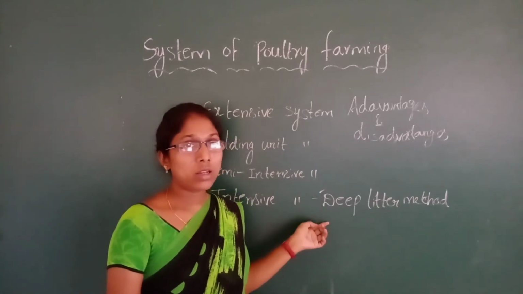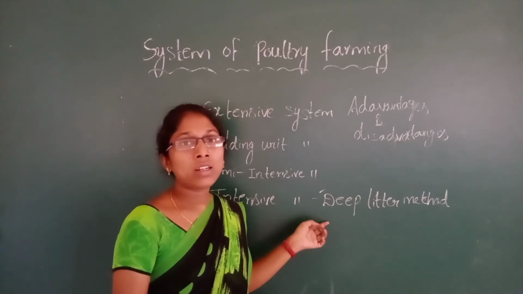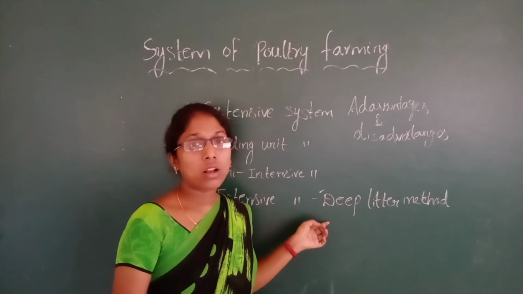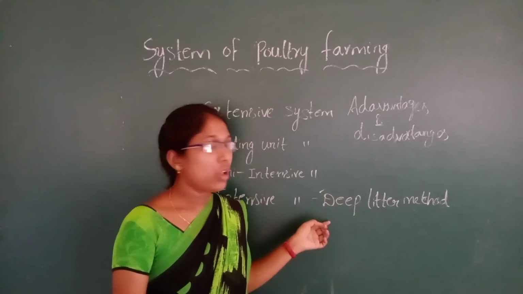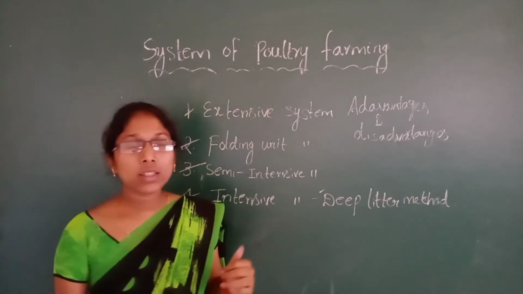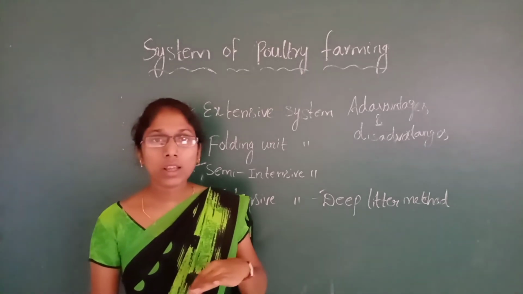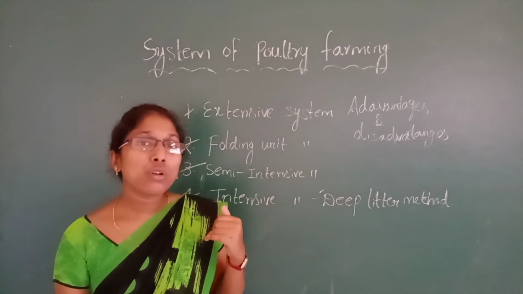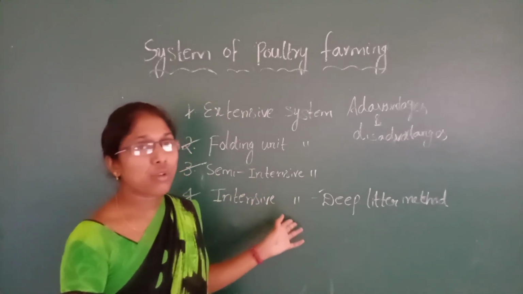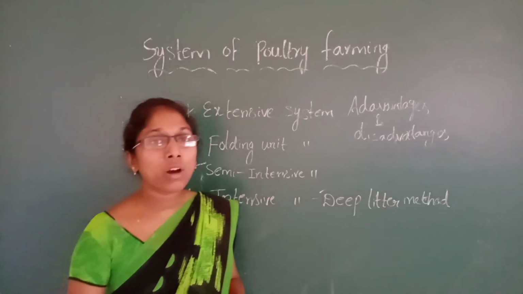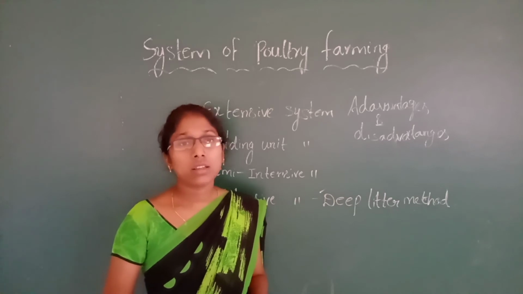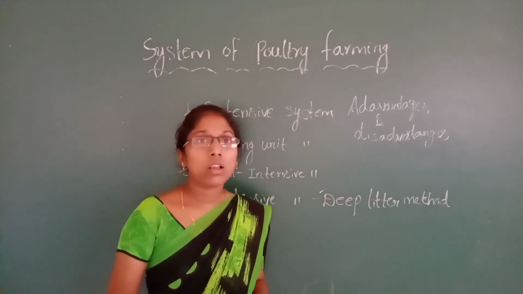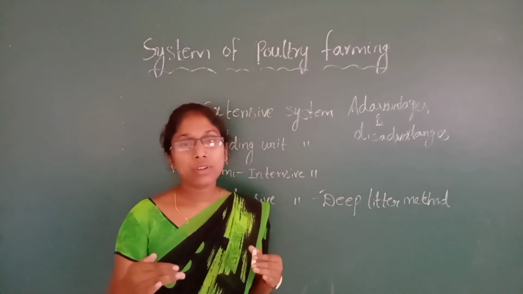In this system, the birds are confined entirely in a large permanent house called pens. In this house we rear nearly 250 hens, so that space is available to rear 250 hens.